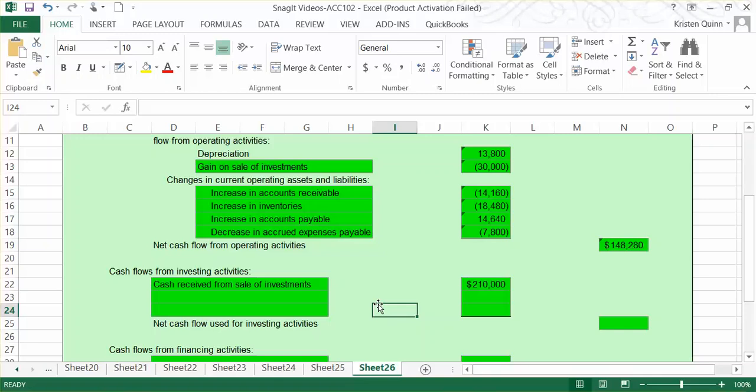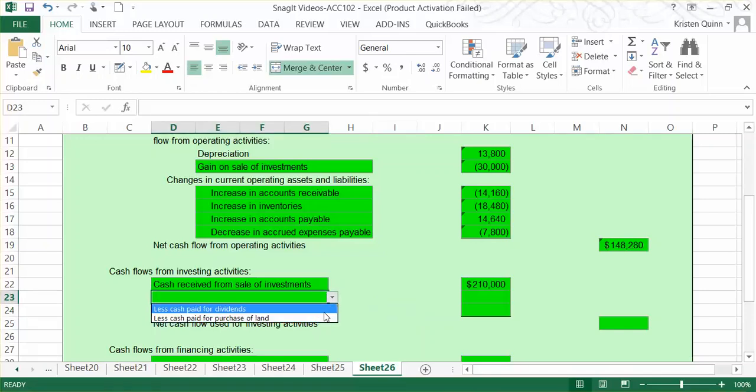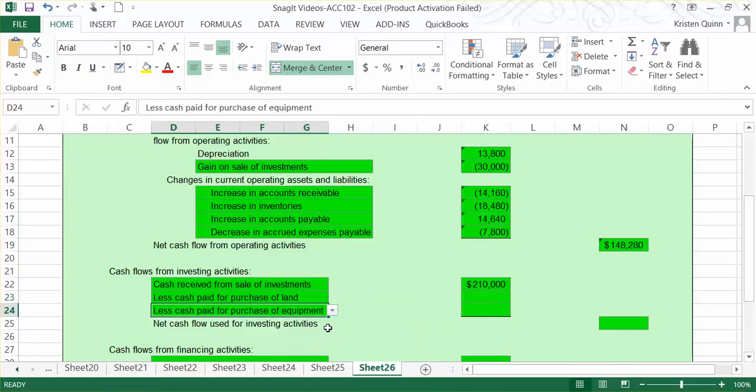We also had some cash outflows. They tell us in part B that equipment and land were acquired for cash. So that means that we paid cash to purchase land and we paid cash for the purchase of equipment. So let's start with the land.